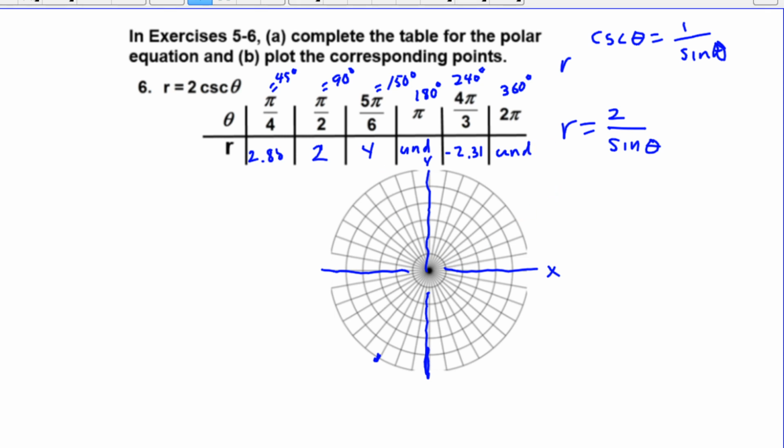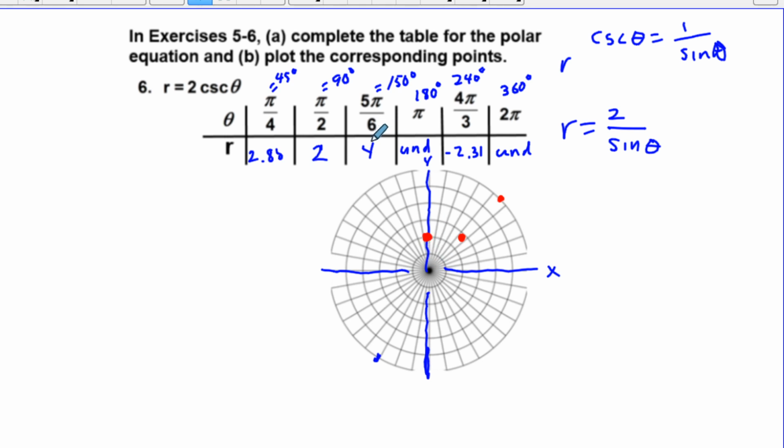Let's go graph these here. If we have pi over 4 and 2.83, so we can go 1, 2, so 2.83 would be about right here. So that's 1 point. Next for pi over 2, we have 2. So here's pi over 2 straight up there.